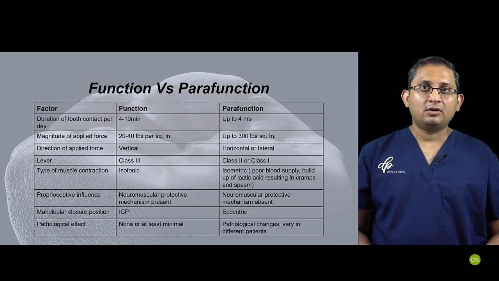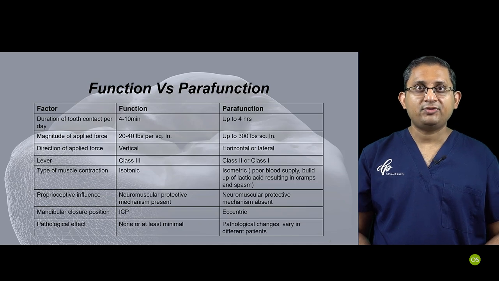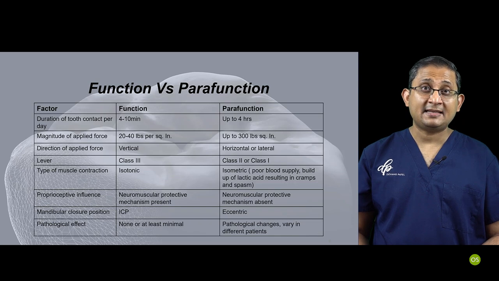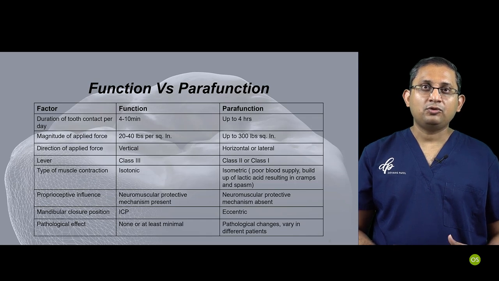The muscle contraction is isotonic in function, whereas isometric in parafunction. The other thing we need to understand is that when a patient is functioning, the neuromuscular structures work much better than when parafunctioning, which is usually at nighttime or when you're concentrating on doing something, because all your energy and brain power is used for that activity.